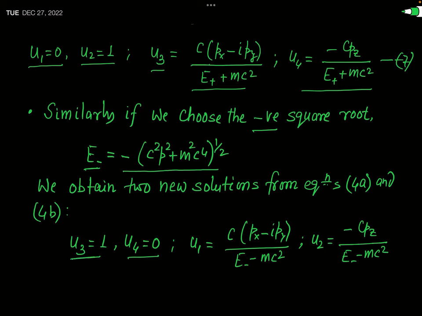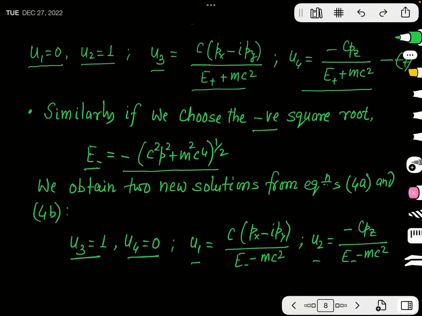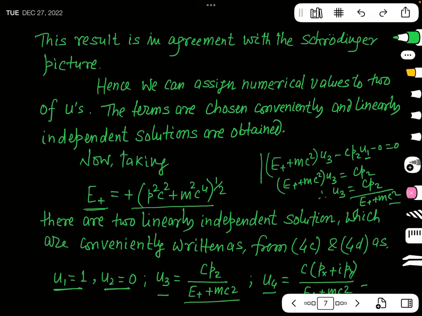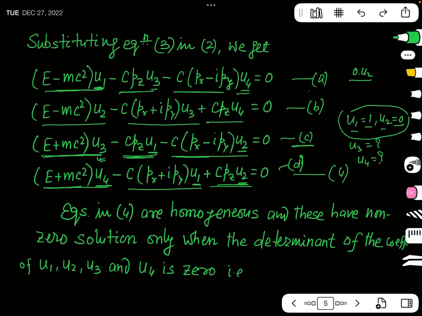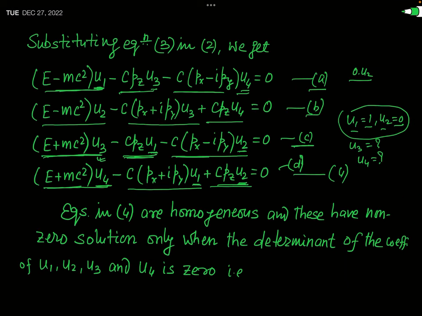When you put the value of u3 equal to 1 and u4 equal to 0, you can find the value of u1 and u2. And for this, you have to use the equation defined in equation 4a and 4b. You can see here we have defined u3 equal to 1 and u4 equal to 0.